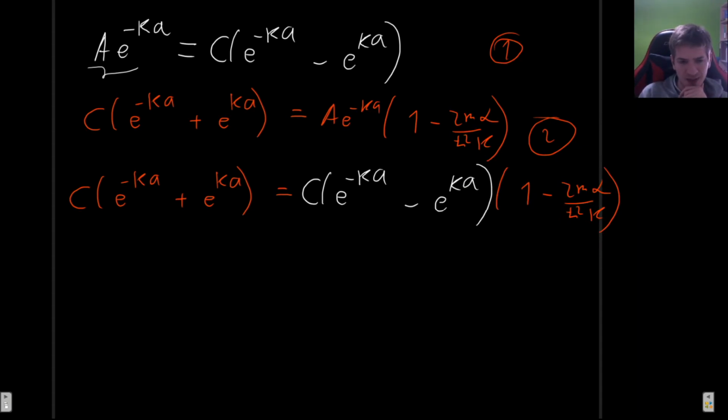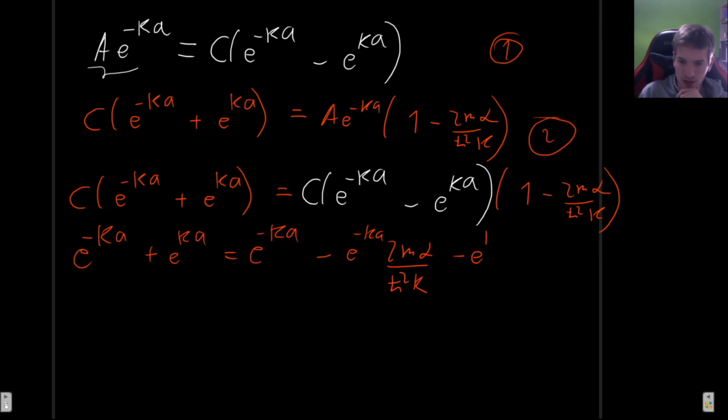So we can cancel out the c's. So we get on the left hand side e to the minus ka plus e to the ka. This is going to be equal, and now we just multiply as we did before, e to the minus ka minus e to the minus ka factor of 2m alpha over h bar squared k, minus e to the ka plus 2m alpha over h bar squared k e to the ka.